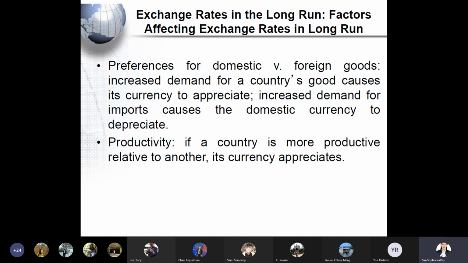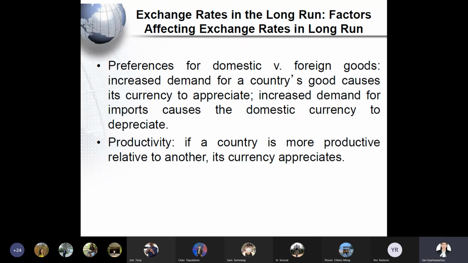Higher productivity means the cost of producing the goods is lower than before. So there is a decline in the price of domestically produced goods. Then the demand for domestic goods increases and the domestic currency tends to appreciate.